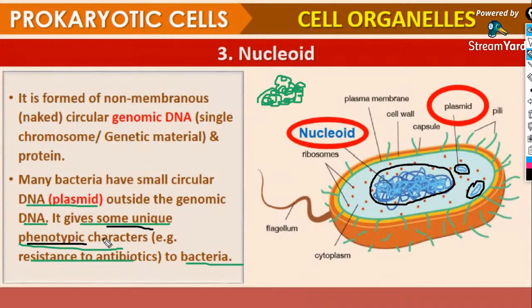Some bacteria get used to the antibiotic, while others are destroyed by it. So we can see external observable characters, which is what is meant by phenotypic characters when a plasmid is present inside a bacterium. Is it clear?